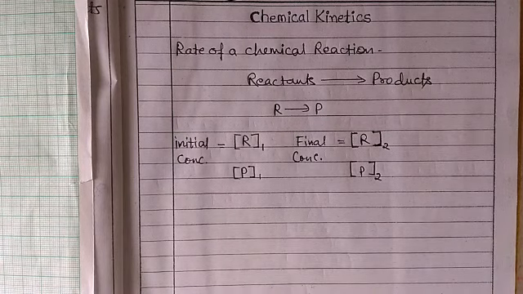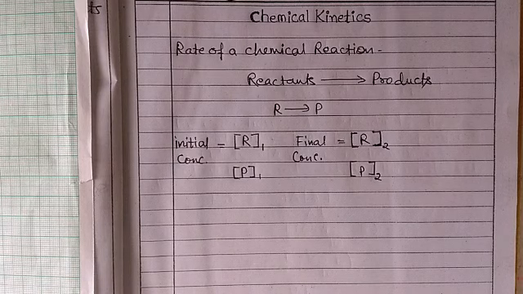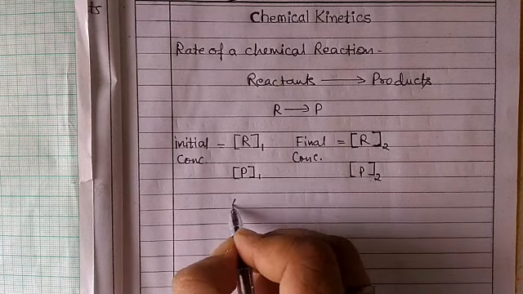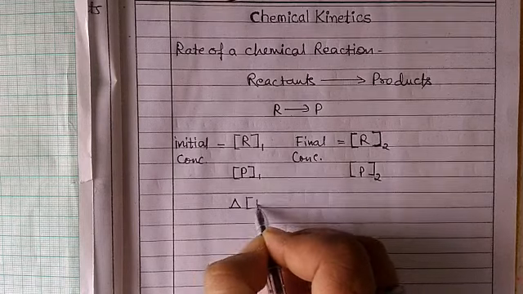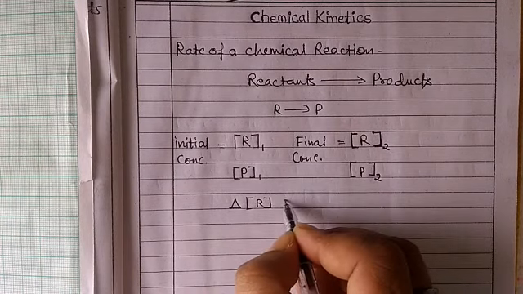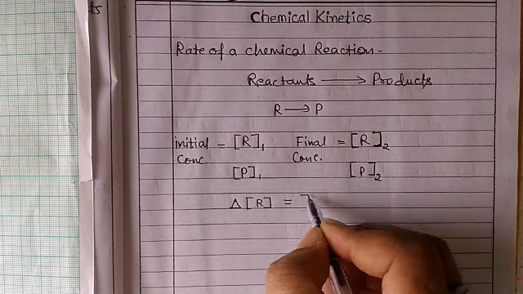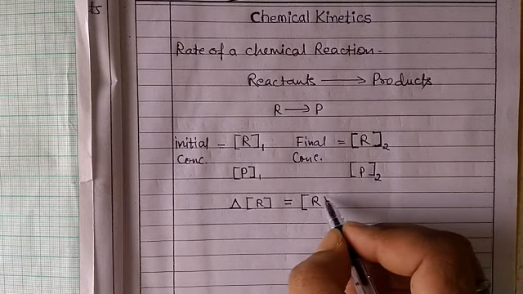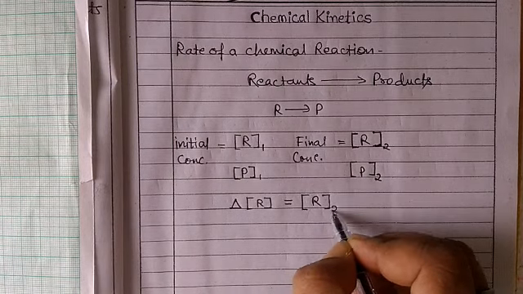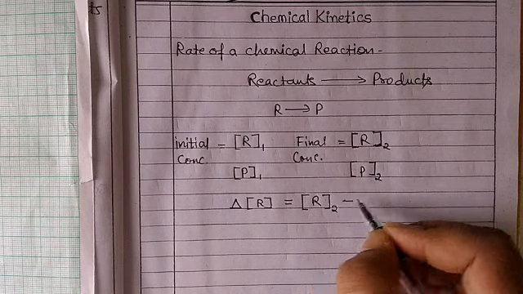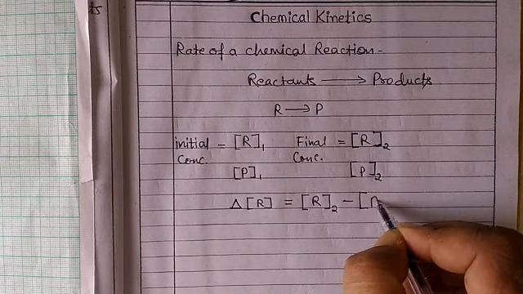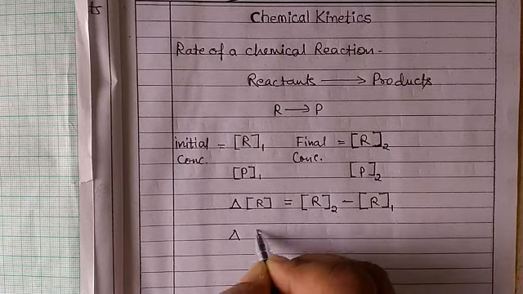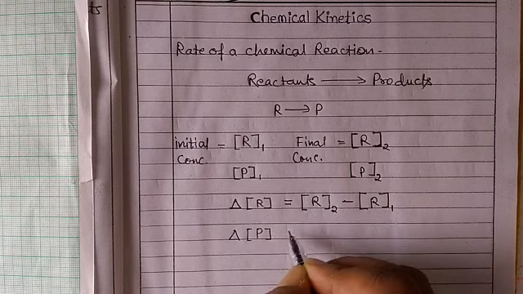So for a chemical change to occur, we have these values. Consider the change in concentration of reactants. How is it going to change? The concentration of reactants will change with the formation of products, but now we are just using reactants. This is the final concentration of reactants, and this is the initial concentration of reactants. How is the concentration of products changing? It will be represented like this.